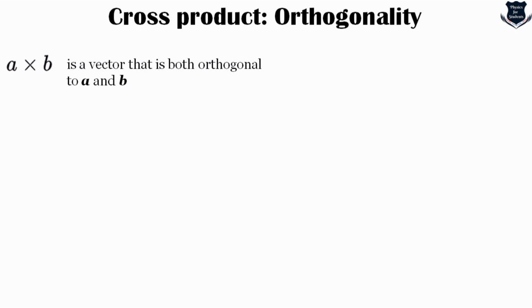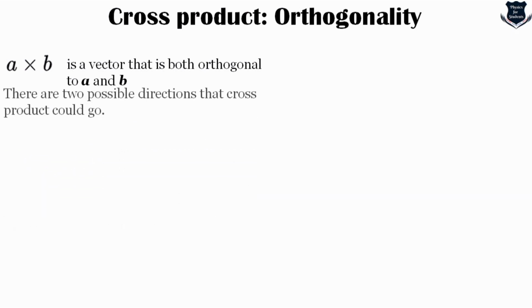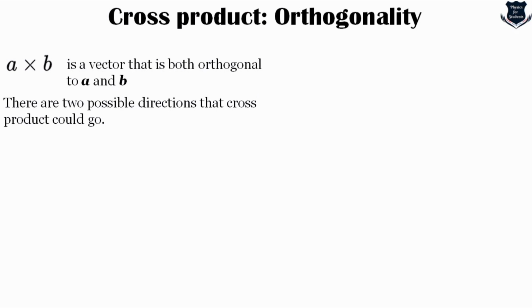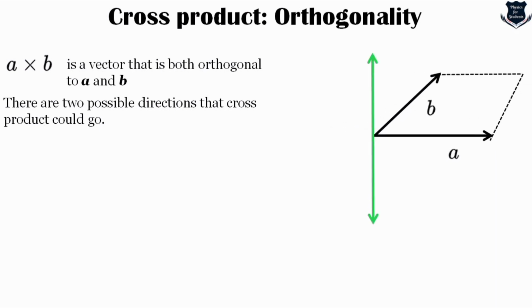Okay. So A cross B is a vector that is orthogonal to A and B. We understand that. The problem is that given two vectors A and B, there are two possible directions that the cross product could go. The purpose of this section of the video is to find out which direction it would go. So if this is the vector A and B, then this is the orthogonal part. Then either A cross B can be in this direction or A cross B in this direction, right?